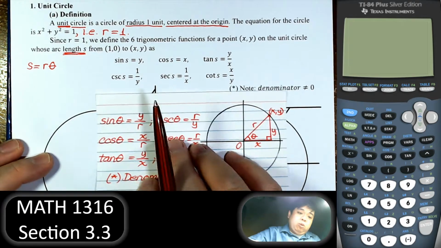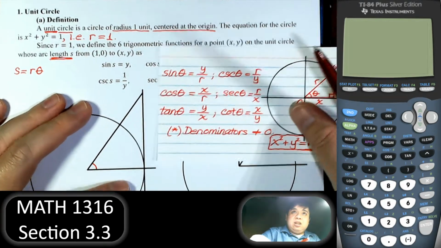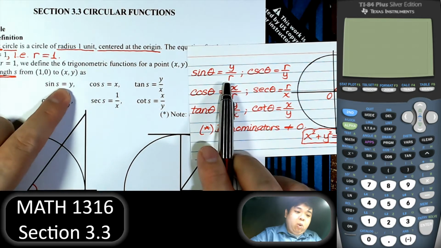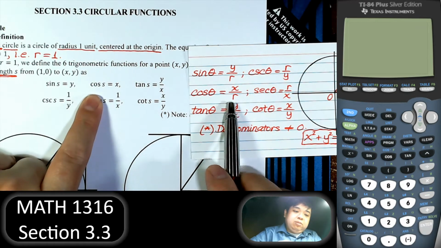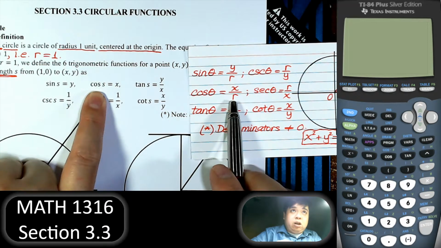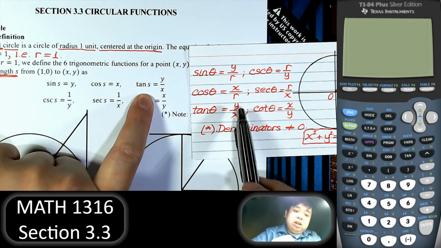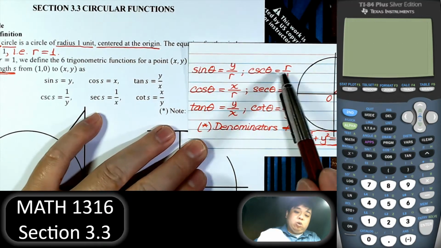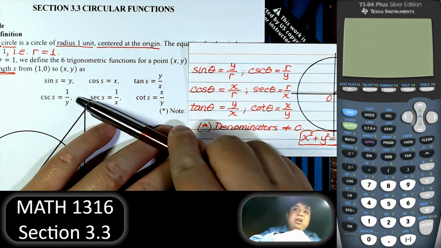Finally, once we establish this definition, if we just let r equal to 1, we have y for sine, x for cosine, tangent is y over x, and then the reciprocal functions. So if we let r equal to 1, we go from this definition to that definition.